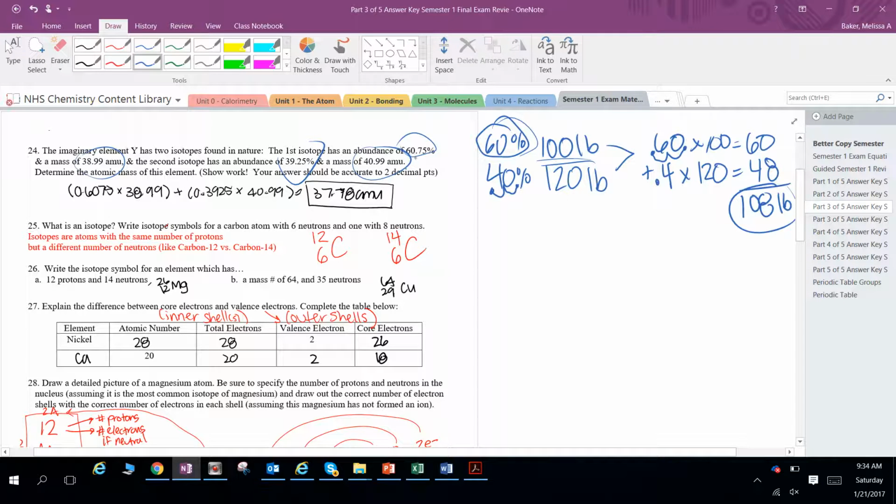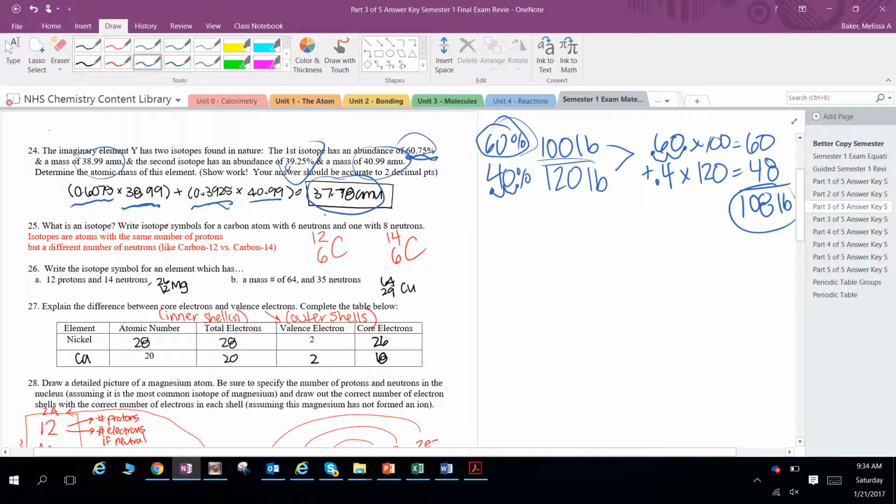So that's exactly what this problem is, only it's got decimals and things, but don't let that mess with you. So you move the decimal 2 back, so this is 0.6075 times, kind of like the 100 pounds, but the 38.99, plus, then move the decimal 2 back on the other relative abundance, multiply it by the average weight for that isotope, and then add it together and think about your answer, make sure it makes sense.